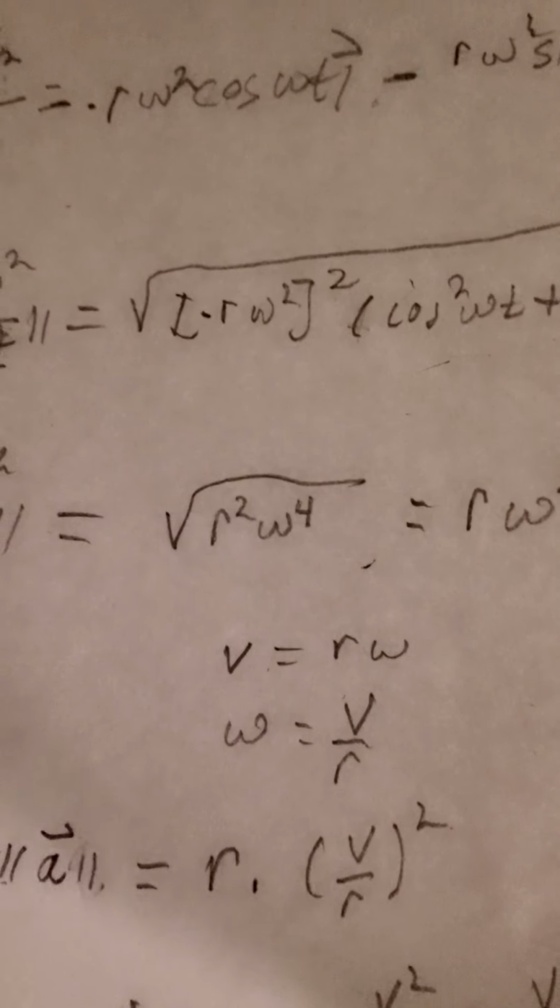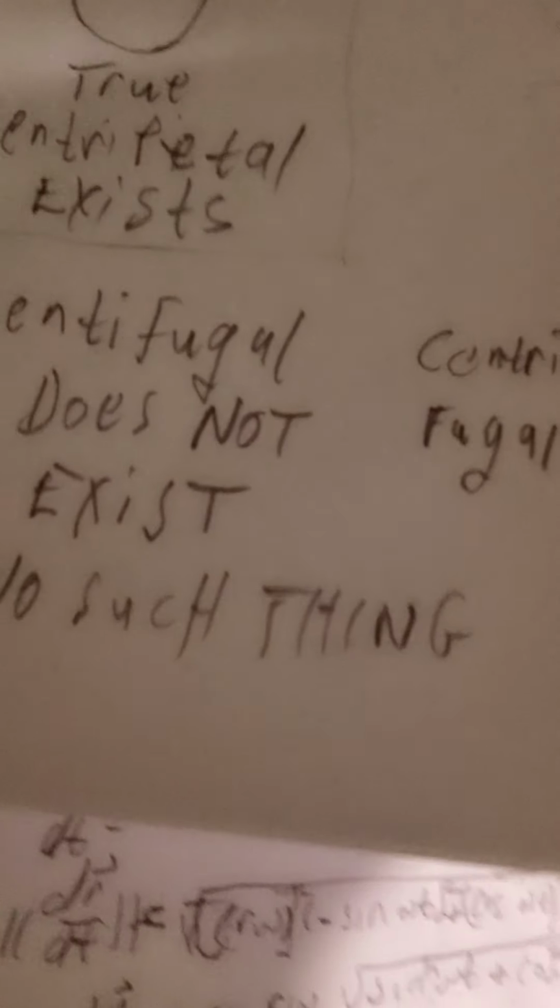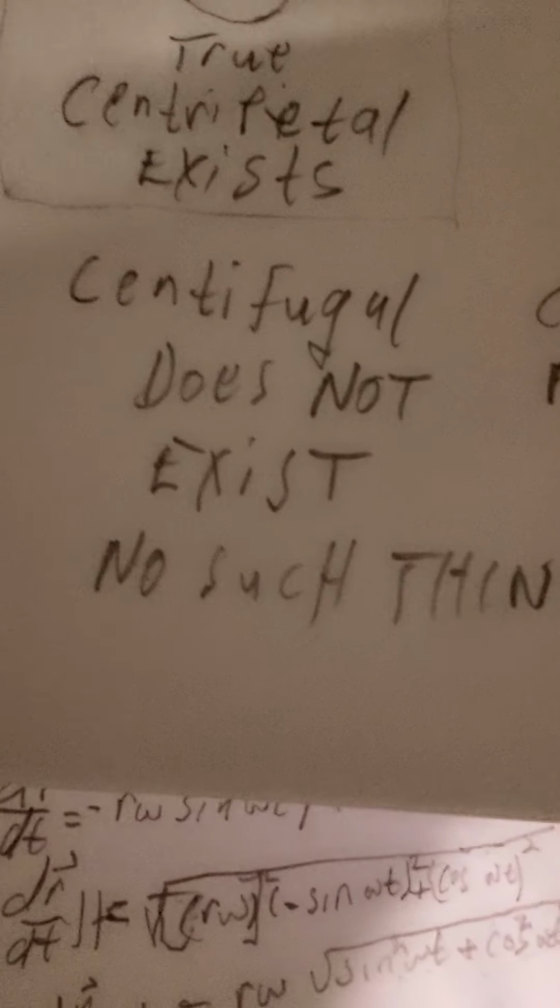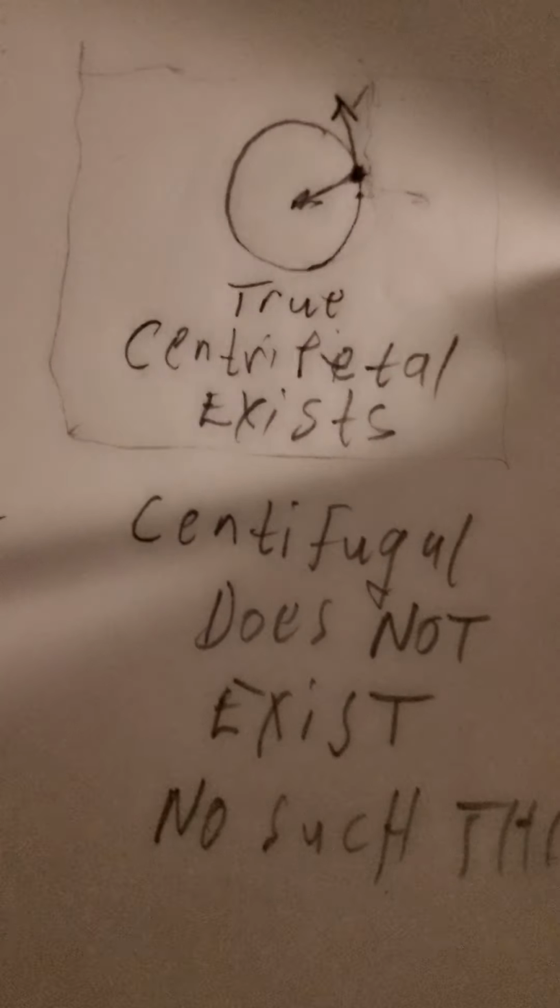So I just proved mathematically, unequivocally, that there is absolutely no such thing as a centrifugal force. So get this reference frame stuff out of your head, and understand that only centripetal force exists, because only centripetal force can be represented mathematically.